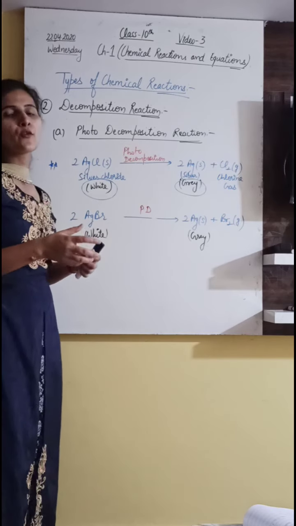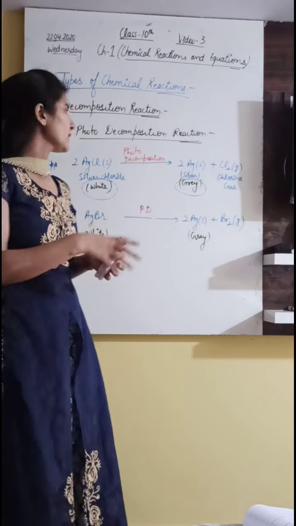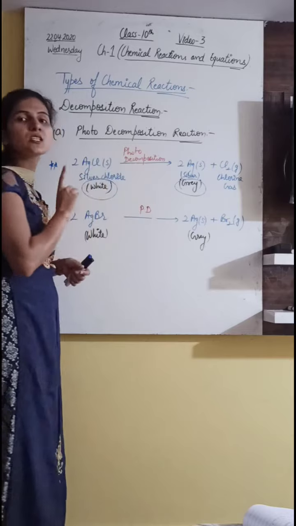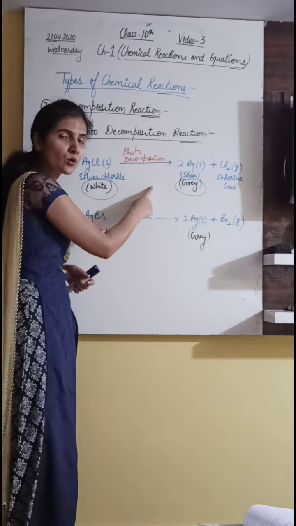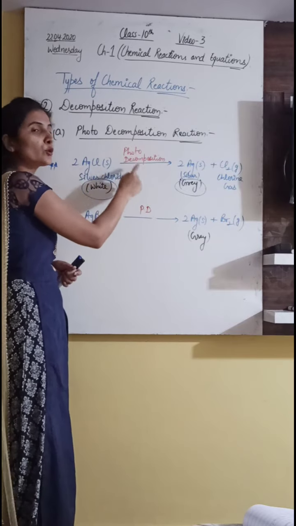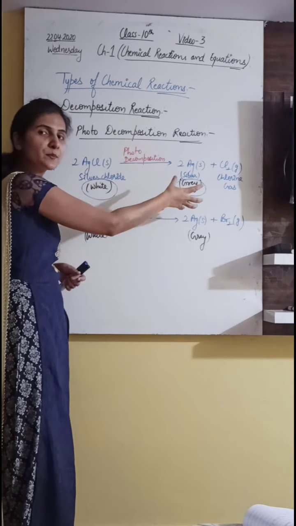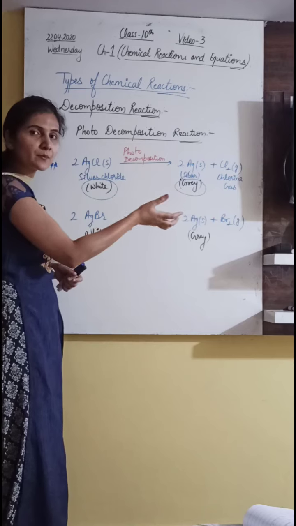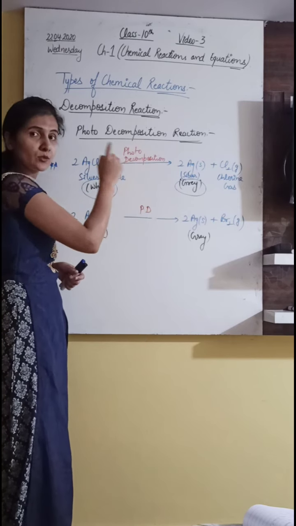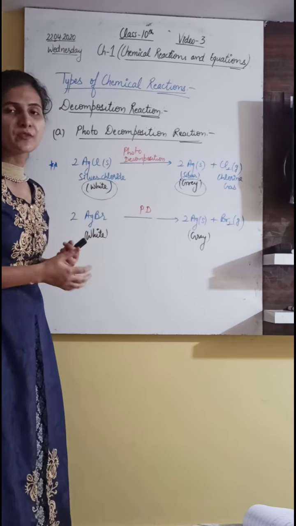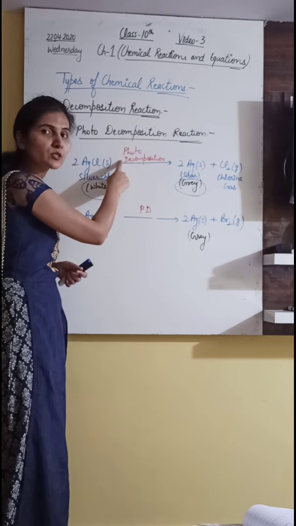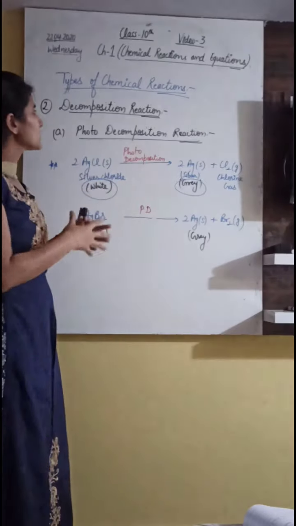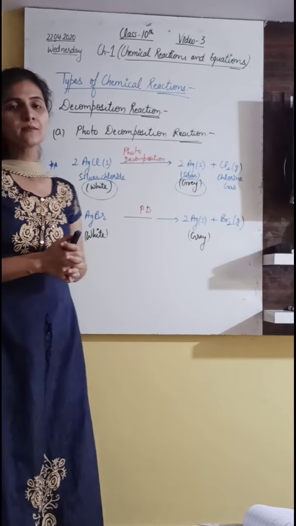So these kinds of observation we will observe, and here you can't write only decomposition. Again I am saying only decomposition is wrong. You have to write photodecomposition because this reactant splits up only in the presence of light, not in the presence of heat or electricity. So you have to write the word photodecomposition. So yes, this is about the photodecomposition reaction.